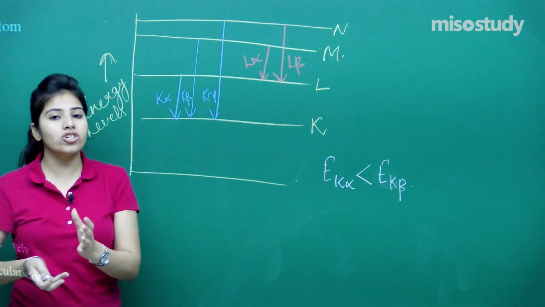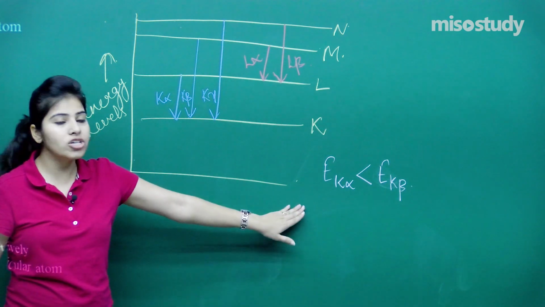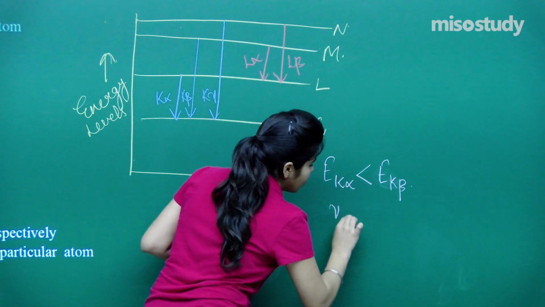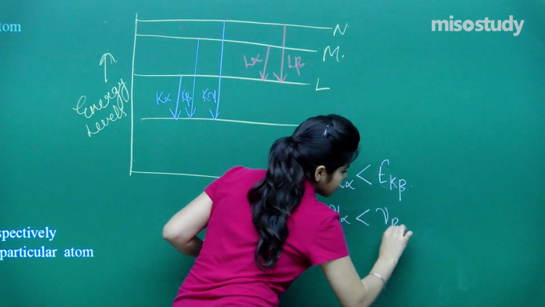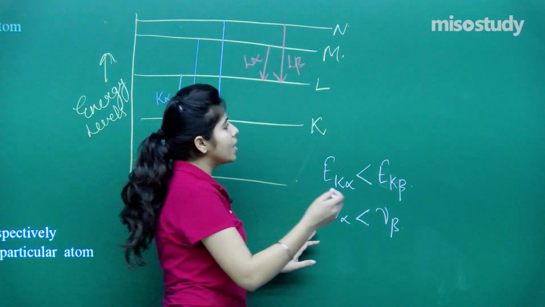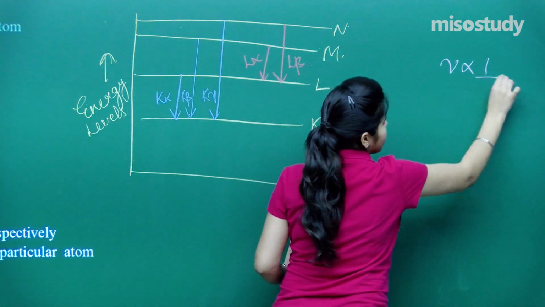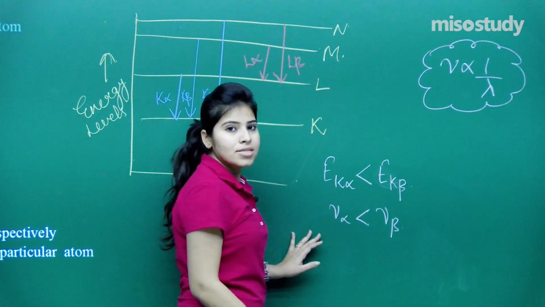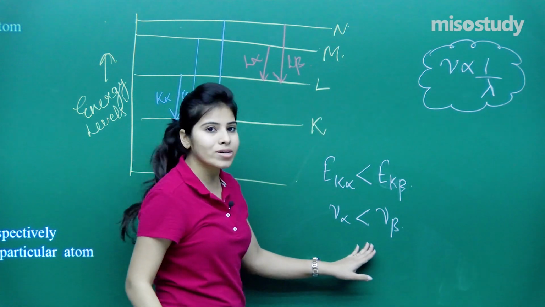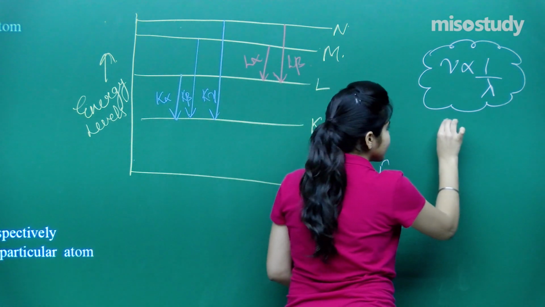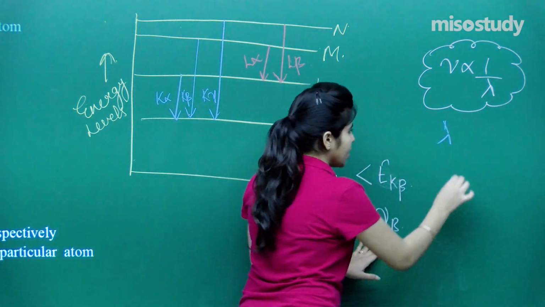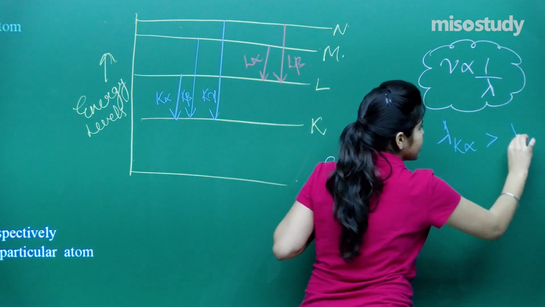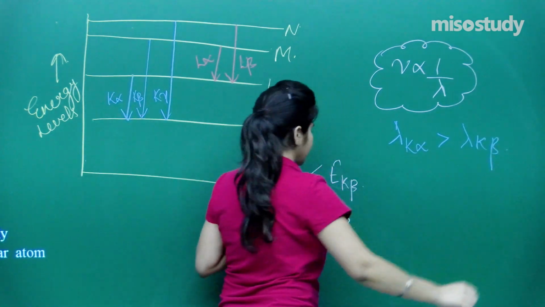Now you know the relation between frequency and wavelength. Energy is nothing but h nu. The relation between nu and wavelength is inverse proportionality. Since they are inversely proportional to each other, I can say that the wavelength of K alpha is greater than the wavelength of K beta.